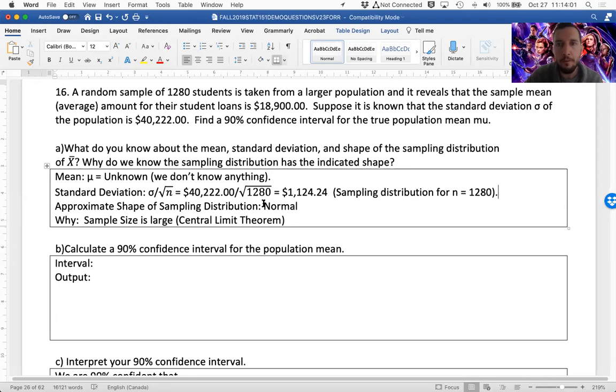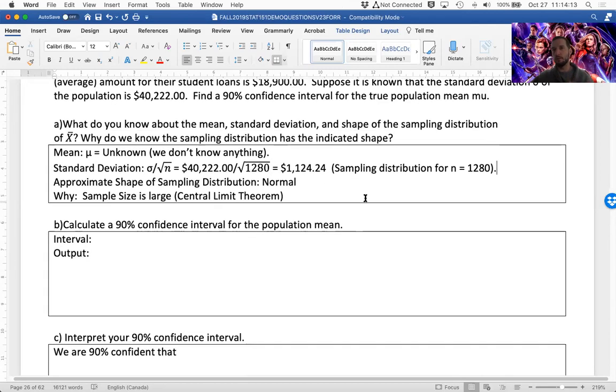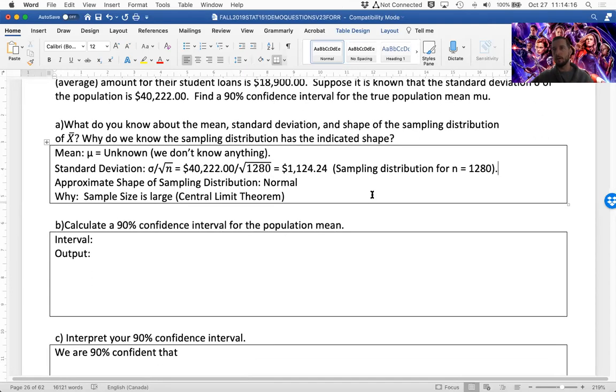What is the approximate shape of the sampling distribution? It's normal. Why is that true? Because the sample size is much greater than 30, so the central limit theorem takes over. This first part is essentially just a review of what we worked on last week.